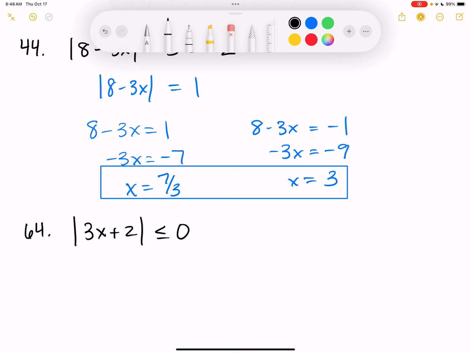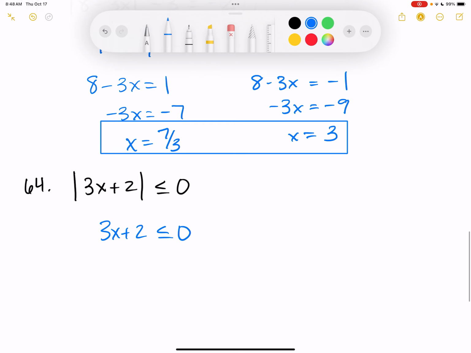Do you think I still do it twice? Why? Right, because 0 is not positive or negative, so I just copy it down as it is. So 3x plus 2 is less than or equal to 0. Subtract 2. 3x is less than or equal to negative 2. So x is less than or equal to negative 2/3.